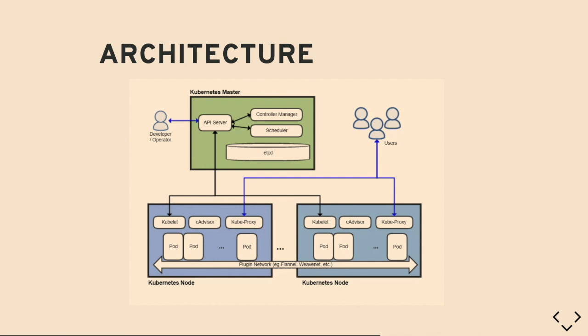Then we have pods, which is another abstraction again. Software development is all about abstractions, right? A pod is basically an abstraction around containers, and the smallest addressable unit in Kubernetes is a pod, which is one or many containers.